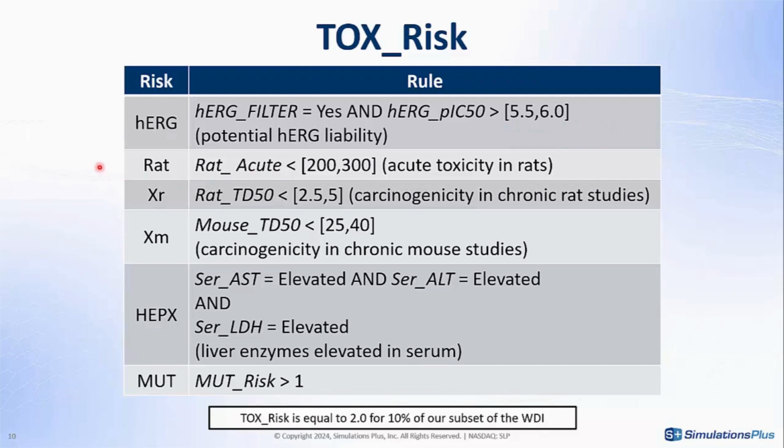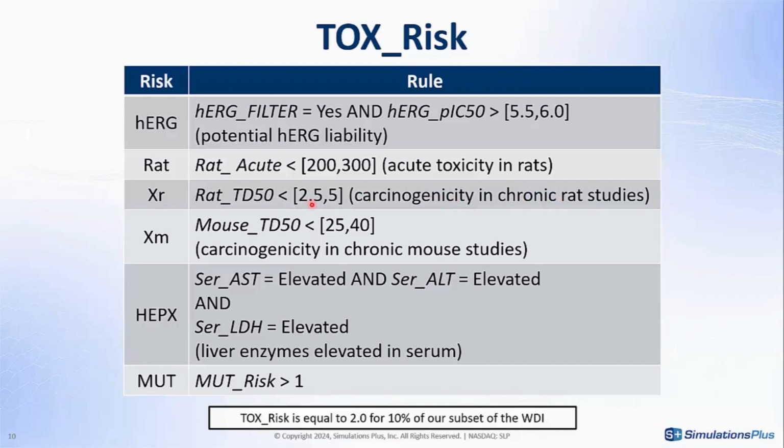For the rat acute toxicity, it is below 200. Anything above 300 is not going to be penalized. Between 300 and 200, it's going to have a fractional penalty, and below 200, you'll have a penalty of 1. XR is the carcinogenicity in chronic rat studies.